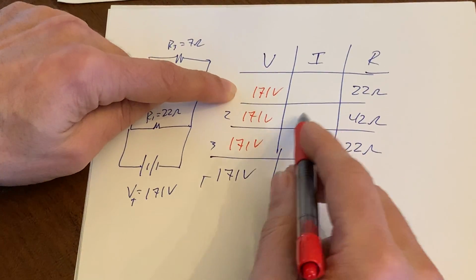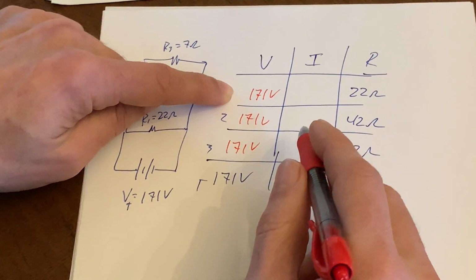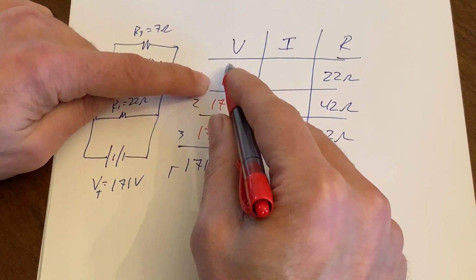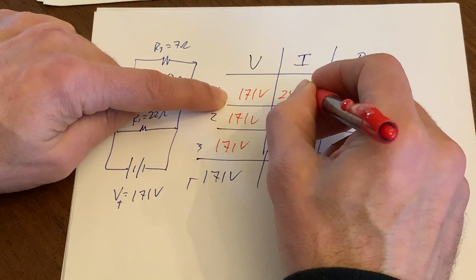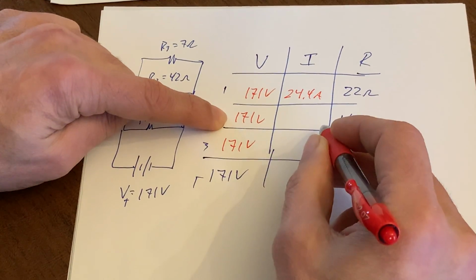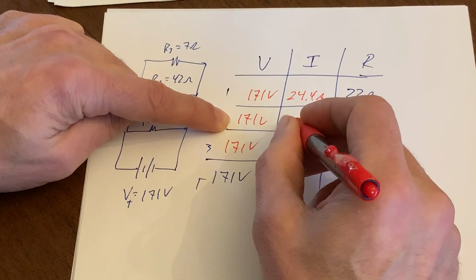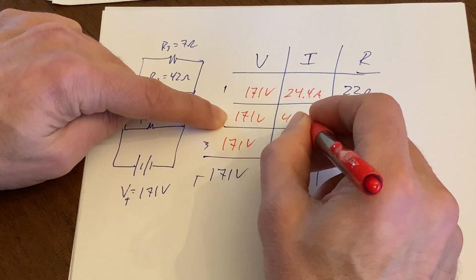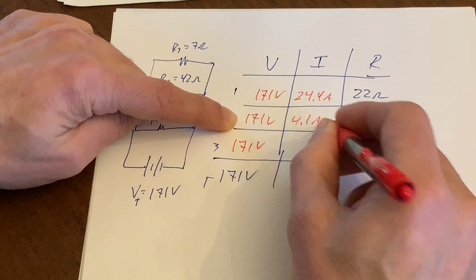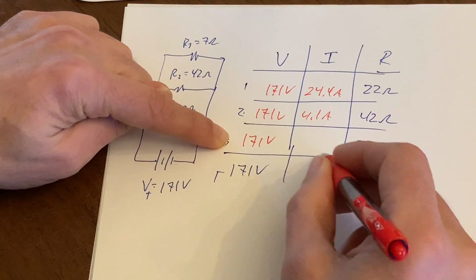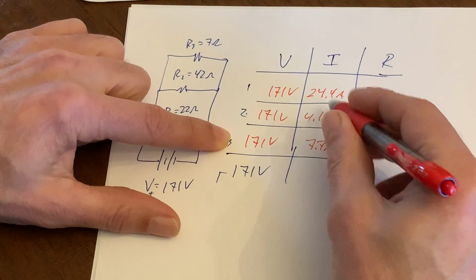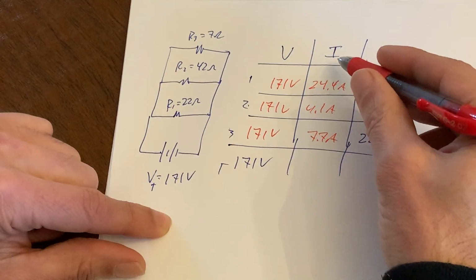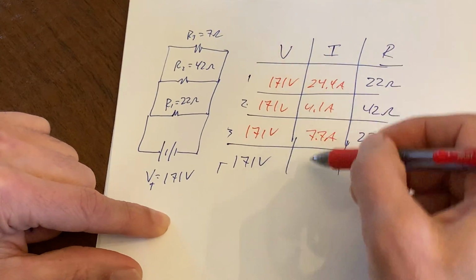V equals IR. Like I said, guys, I've had these done already, right? So 171 divided by 22, it's about 7.7 amps, 171 divided by 42 turns out to be about 4.1 amps, and 171 divided by 7 is about 24.4 amps, right? So adding these guys, since I'm in a parallel, I total is going to be equal to the addition.